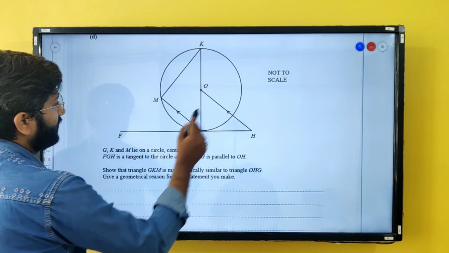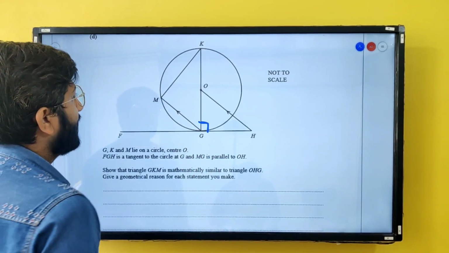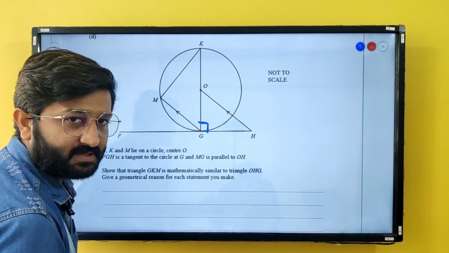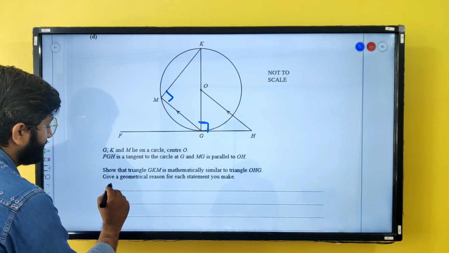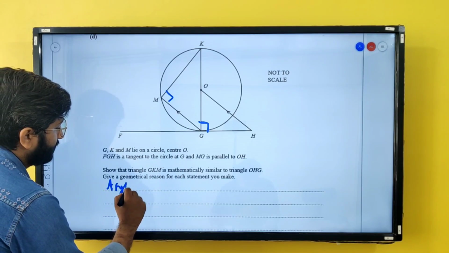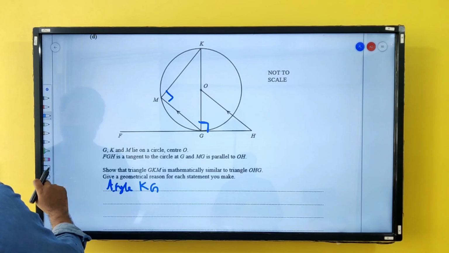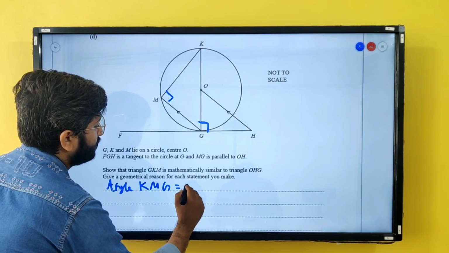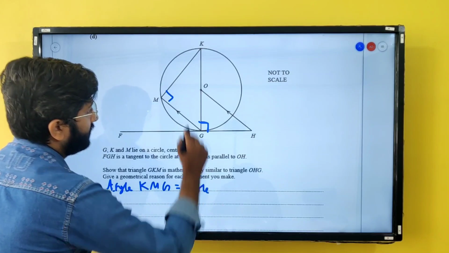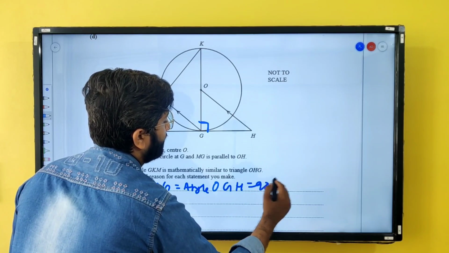Okay. So we know if this is a tangent, then this is going to be 90 degrees. And this is a triangle inside a semicircle, so this is also going to be 90 degrees. So let me write this. Angle KMG equals angle OGH equals 90 degrees.